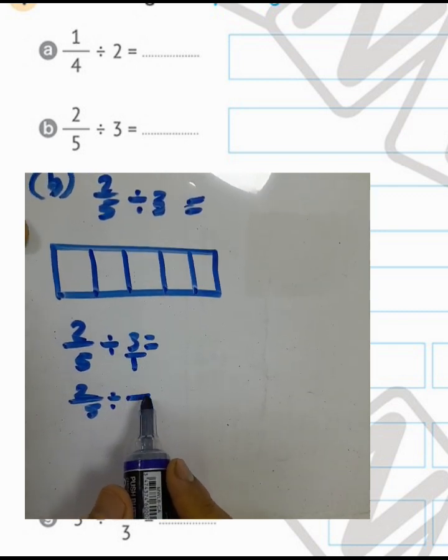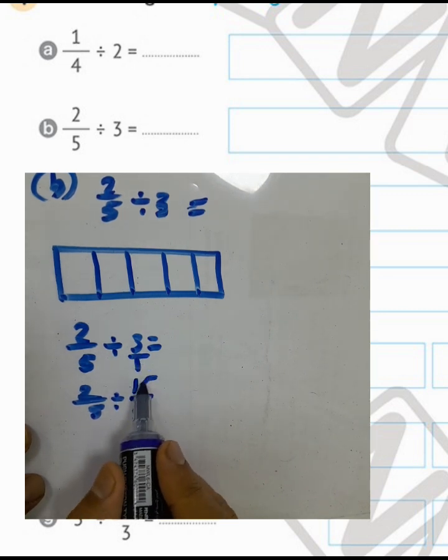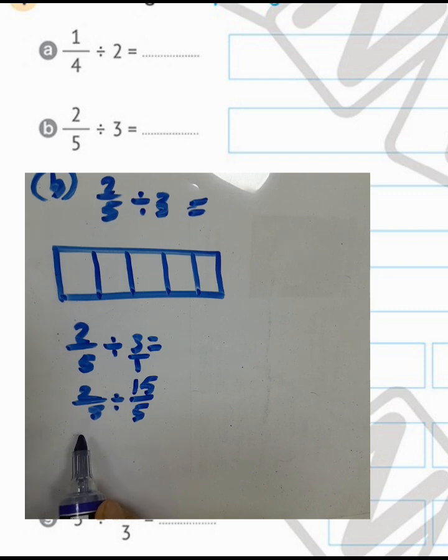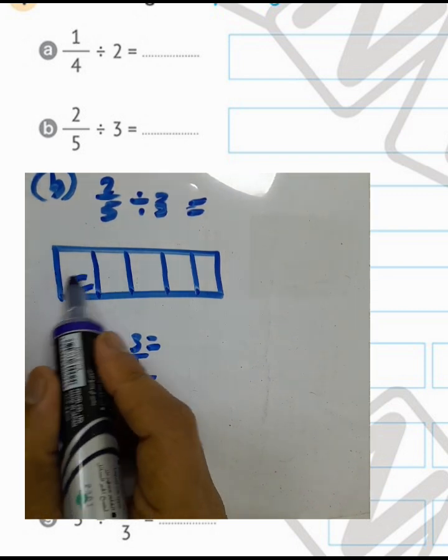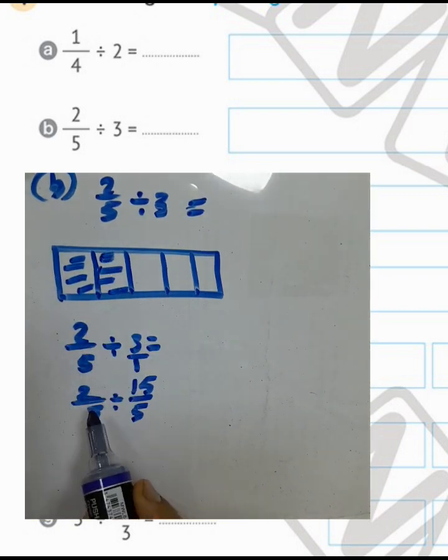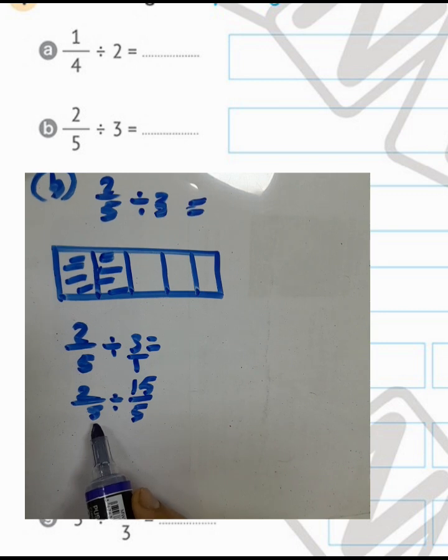The least common multiple between 1 and 5 will be 5. 1 times 5 equals 5, and 3 times 5 equals 15. Then we will draw 2 parts colored from 5 parts. And the result for this example will be 2/15.